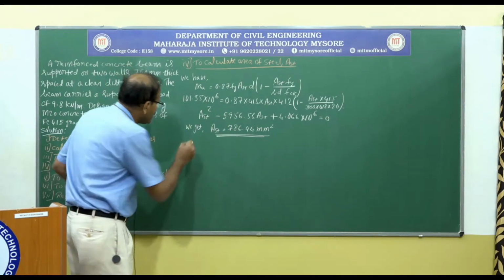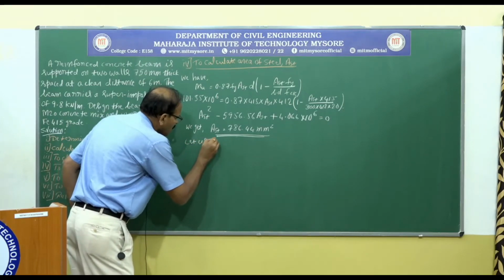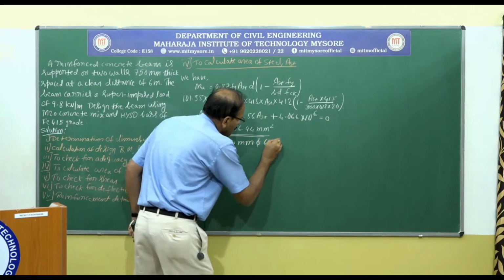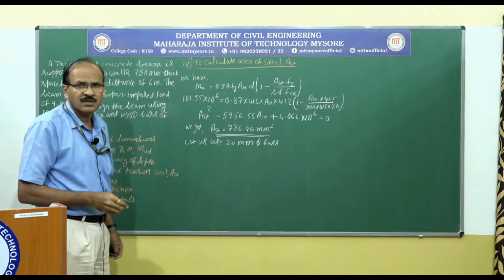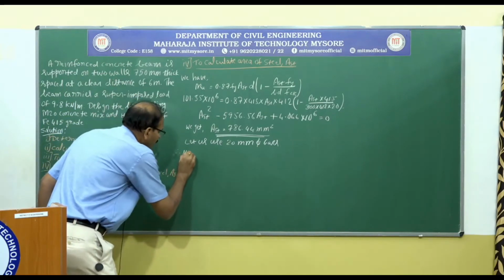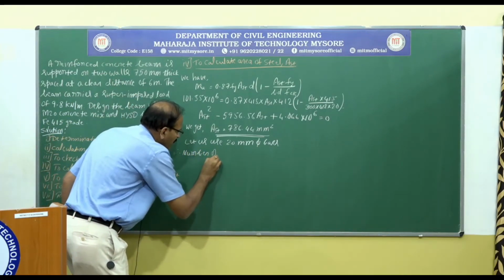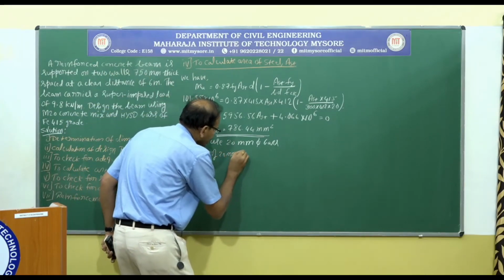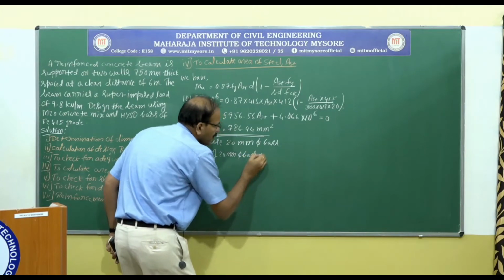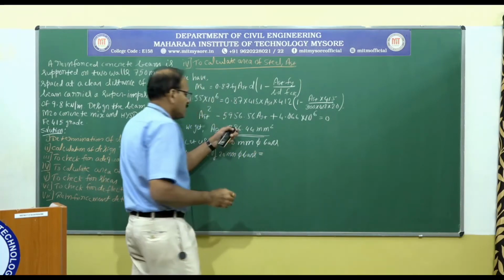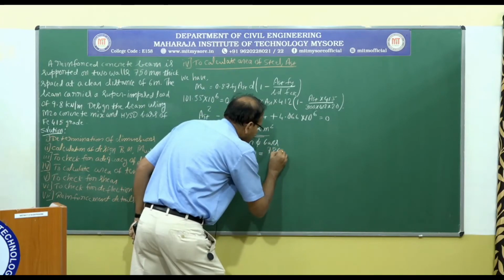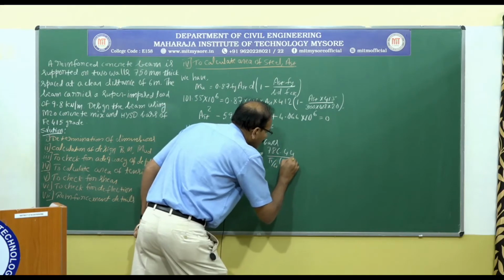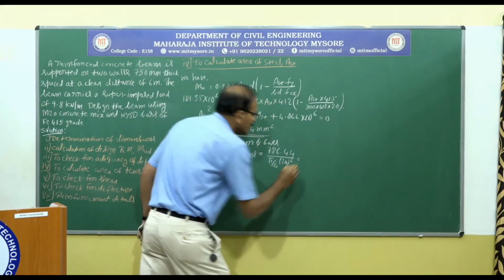Okay. So let us use 20 mm diameter bars. Therefore, number of 20 mm diameter bars equal to total area required 786.44 divided by area of each bar, that is equal to 2.5.